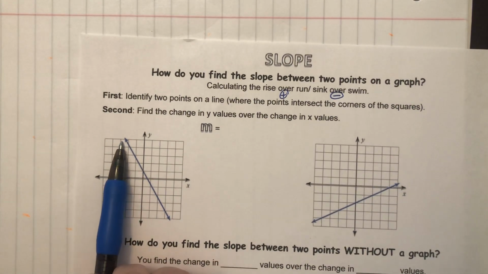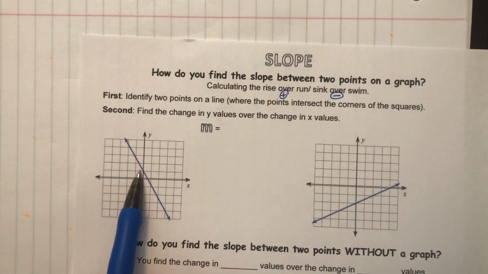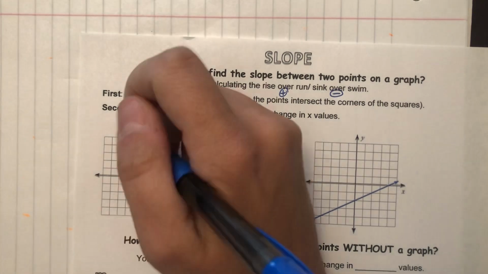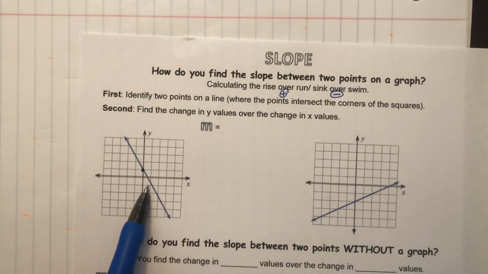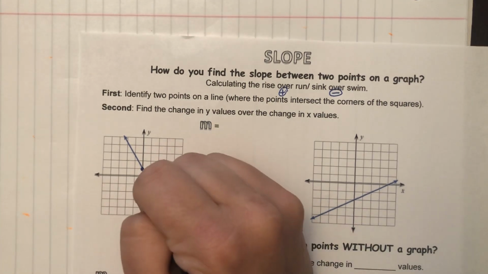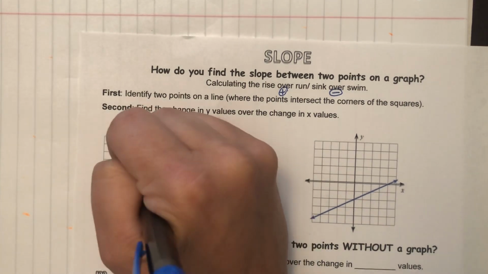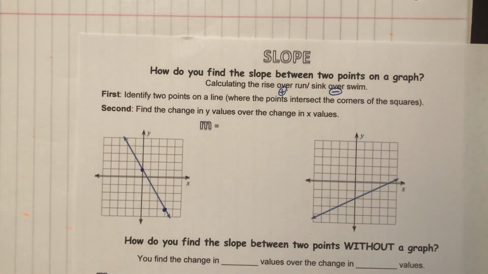So I'm just going to start sliding down until I see where it's intersecting, right in the middle. So there's 1 point. And there's another point. So now I have 2 points.